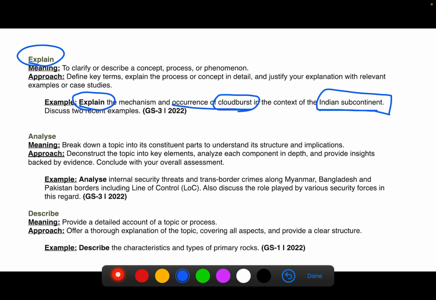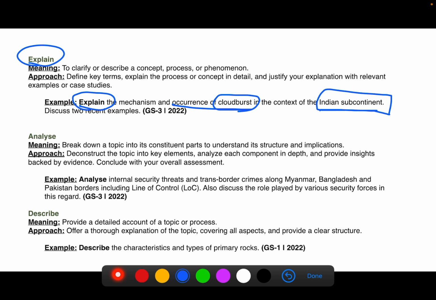So here we need to explain the mechanism of cloudburst, how we define a cloudburst, its origin, the consequences of cloudburst, and specifically its impact and its significance within the Indian subcontinent. Essentially, it focuses on a logical and sequential explanation of the topic given in the question.